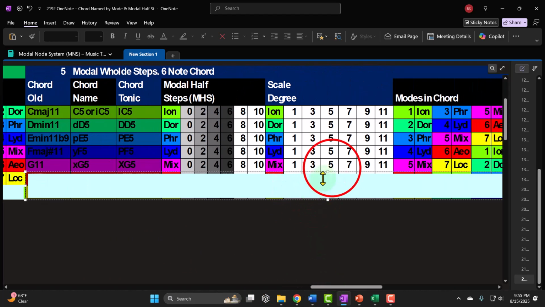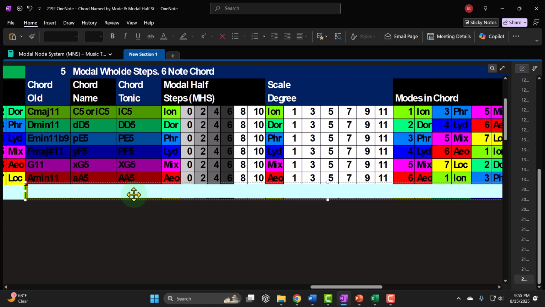All right, and then let's do what if we add another one? It would be an A minor 11, which I'd like to call an AA5, or just an Aeolian 5, or a 6-note Aeolian chord. The 5 represents the distance from the Aeolian node in whole steps. 5 times 2 would be 10, meaning the distance of the last note from the root would be 10 modal half steps up, plus 1 would be 11 scale degrees up.